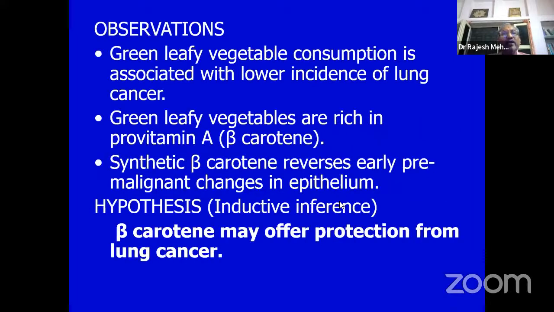Another example: green leaf vegetable consumption is associated with a lower incidence of lung cancer. Green leaf vegetables are rich in pro-vitamin A, and synthetic beta carotene reverses early pre-malignant changes in epithelium. These are the observations. So the hypothesis says that beta carotene may offer protection from lung cancer.